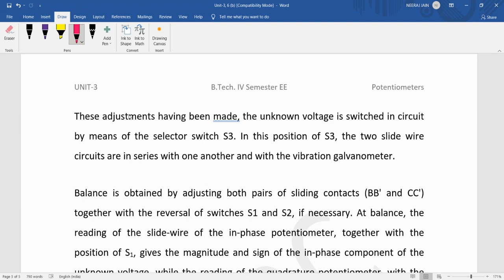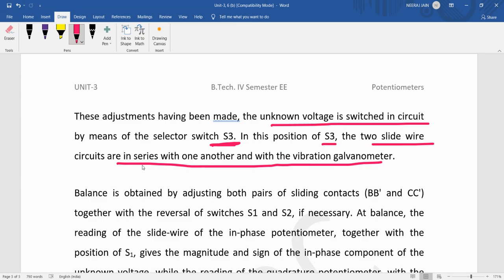Now, these adjustments having been made, the unknown voltage is switched in circuit by means of the selector switch S3. In this position of S3, the two slide wire circuits are in series with one another and with the vibration galvanometer.